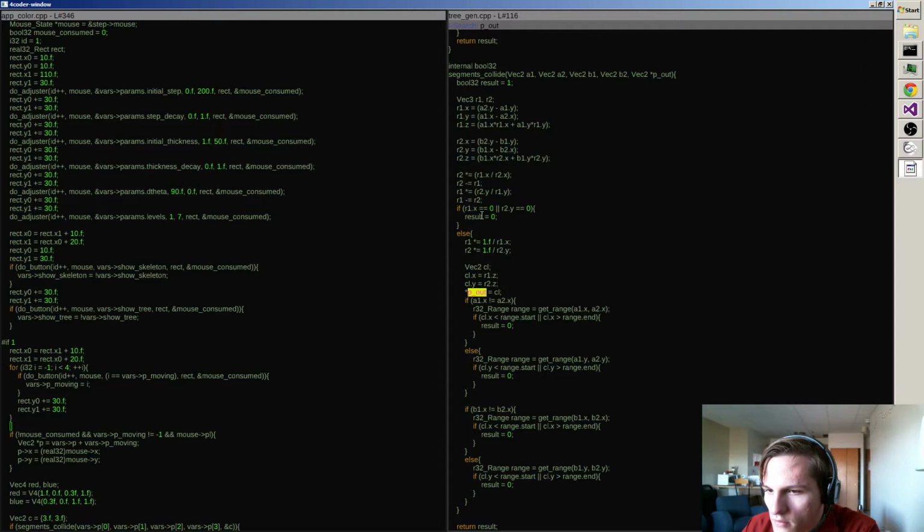Alright, yeah, so it's totally possible if it thinks that r1.x equals 0 or r2.y equals 0. What? That does not make sense. I think that's just arbitrary and a mistake.